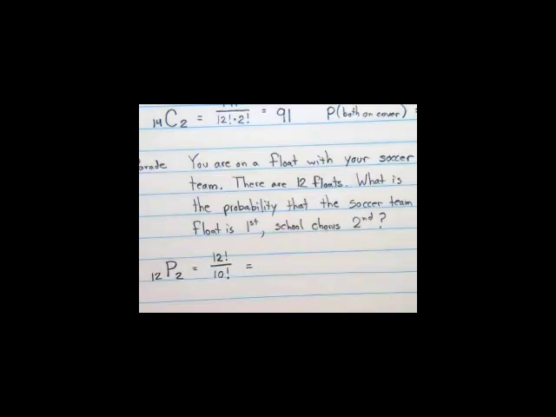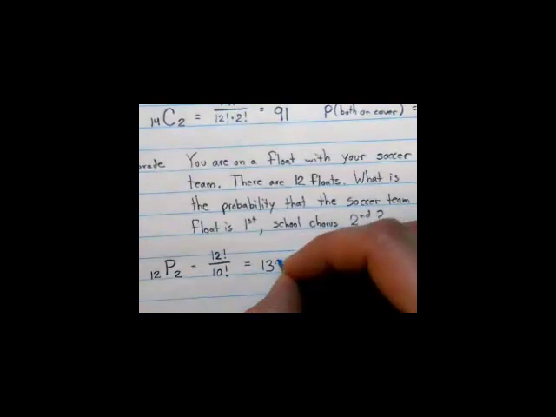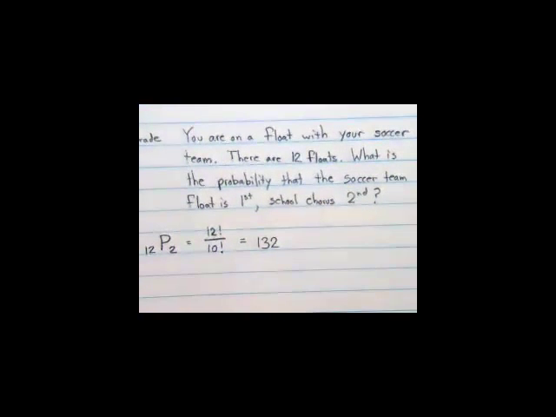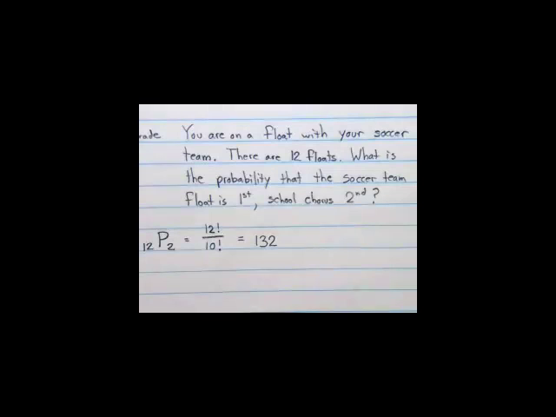And so that's going to be 132. The 10? 12 minus 2. Because the formula is n factorial over n minus r factorial, so you've got to make it a 10.